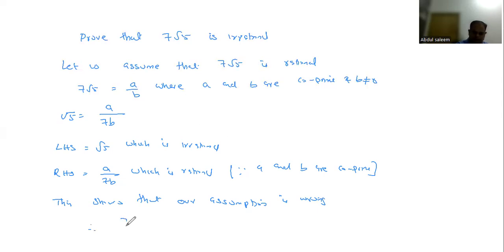Therefore, 7 root 5 is irrational. Okay, this is the answer for this question. One more question we have, right? The next question is, prove that 6 plus root 5 is irrational.